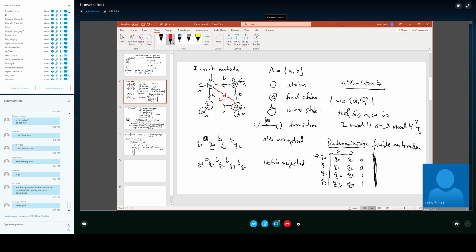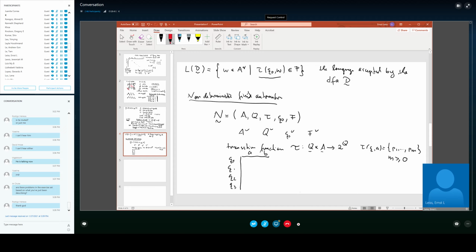I also have the transition from Q0 to Q2. And in addition, I am going to delete the transition under A from Q1. So what I'm getting then is Q0, still Q0, but under B I get Q1 and Q2.